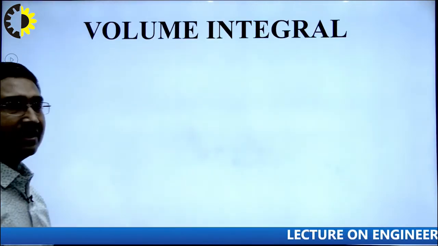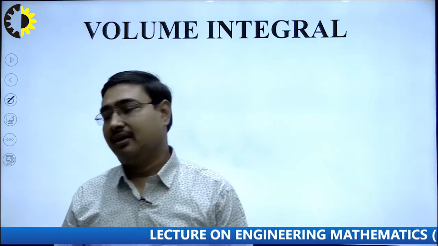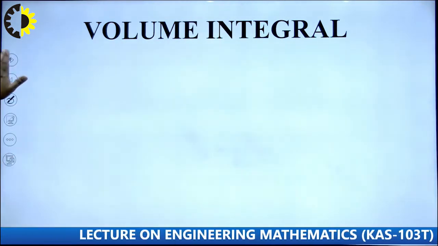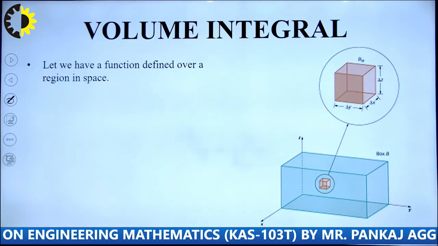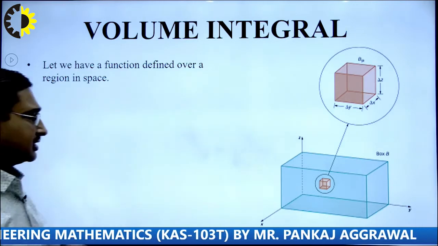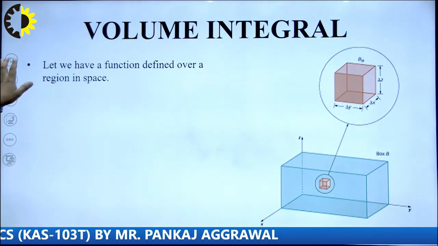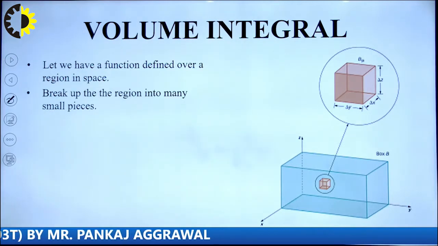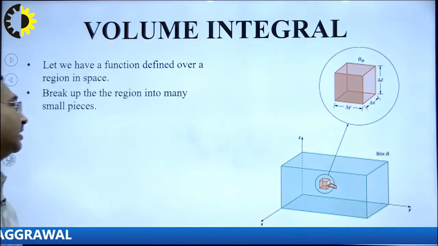Now we understand our next idea of volume integral. Let us have a function defined over a region in a space. This is a region in a space, and a function is defined in this region. Break up the region into many small pieces as shown here.